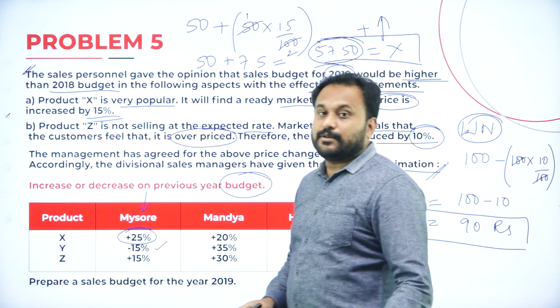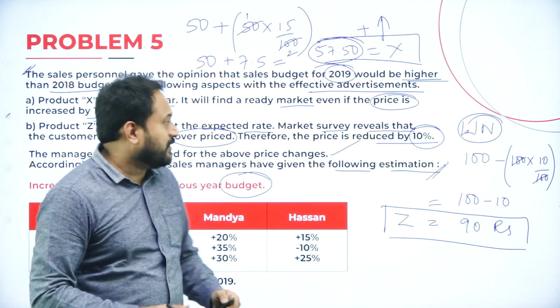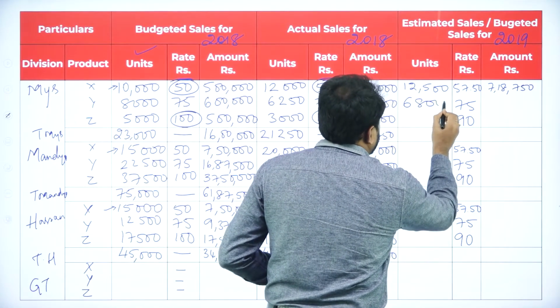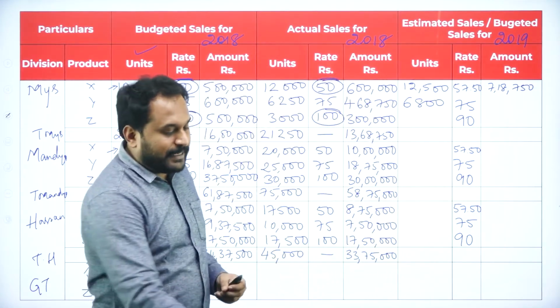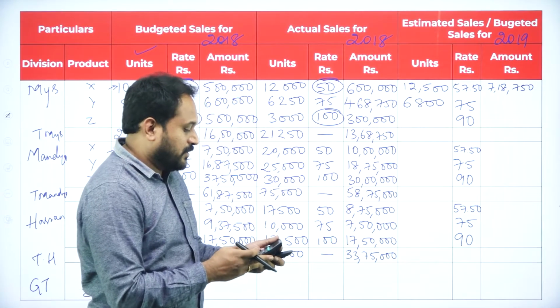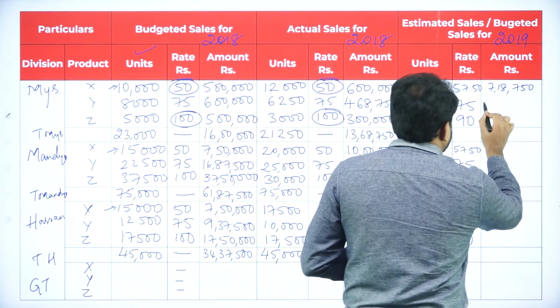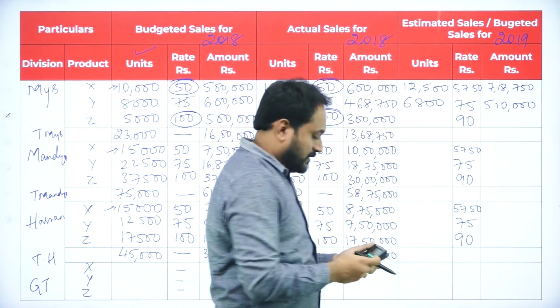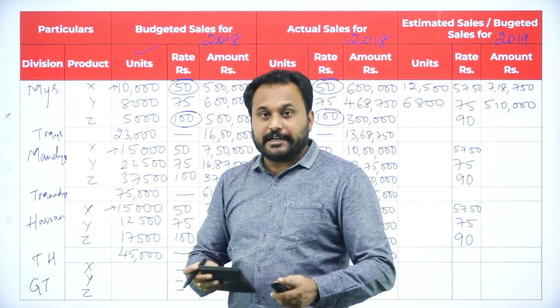You got 6,800. So here we will write 6,800. Now multiply that with 75. So you got 5,10,000.